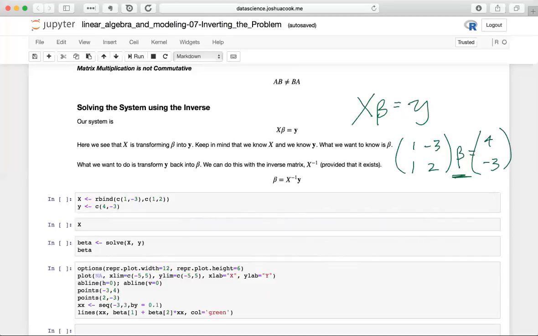Of course, we can use the R function solve to get this for us, because we know that beta is going to be equal to X inverse Y. If I'm looking at X beta equals Y, I could multiply X inverse to both sides.